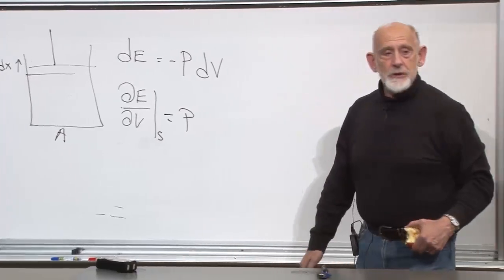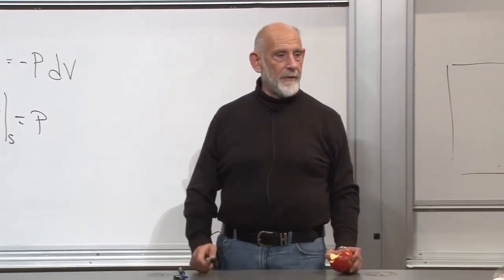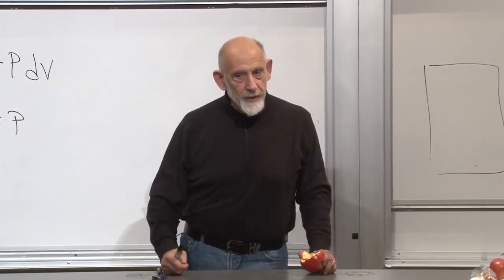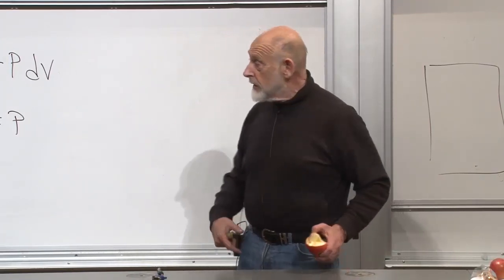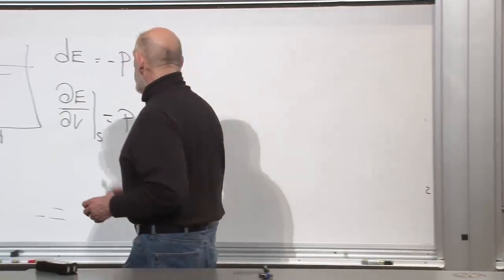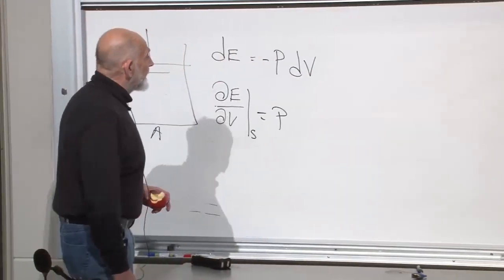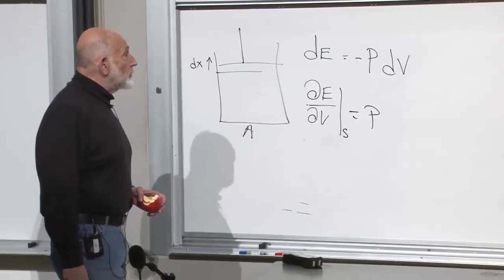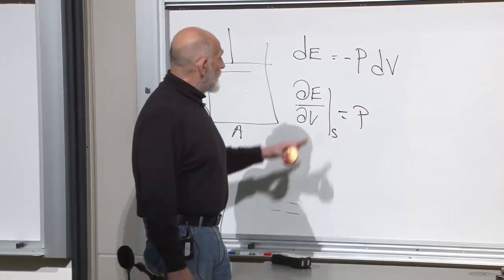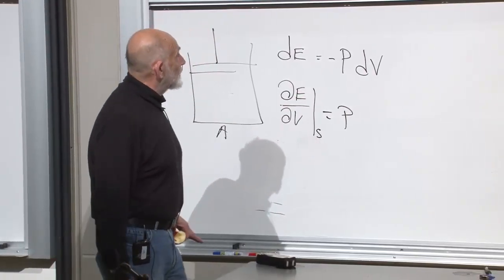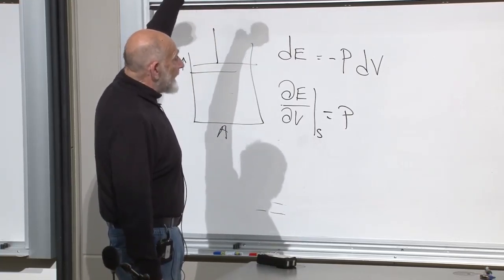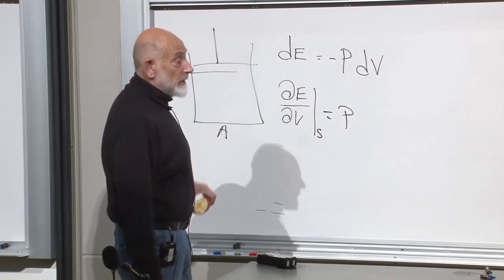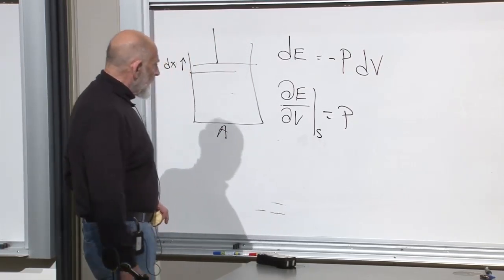So it's always easier to work as a function of temperature than as a function of anything else. So what we'd like to do is to convert this to something that involves derivatives with respect to temperature instead of entropy, and then we can go back and see what we can learn from the Boltzmann distribution.